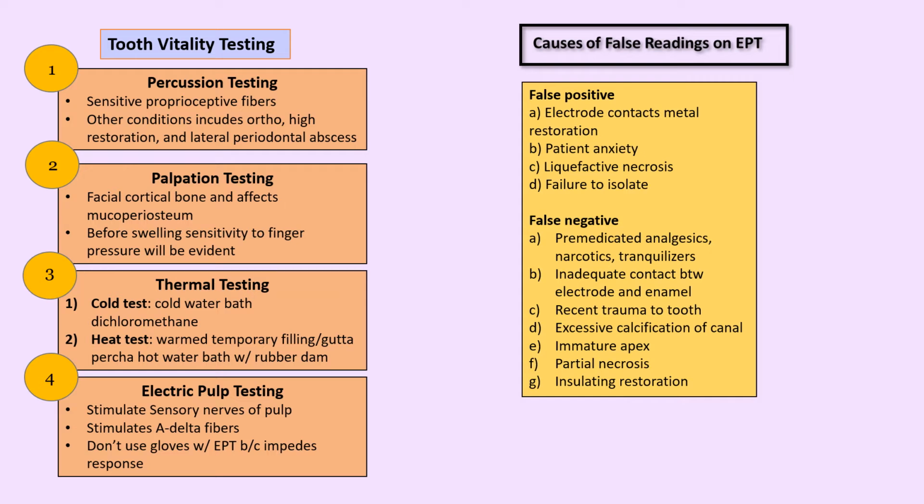Also with EPT, we have a problem of a long list of false positives and false negatives. So false negative is when the tooth is vital, but the test is saying the tooth is non-vital. The most common case is a recent trauma, when the nerves are just temporarily paresthetized and they are giving you a false negative, although the tooth is not dead.